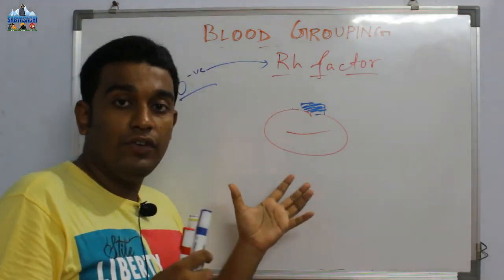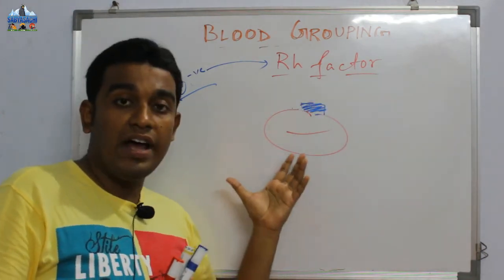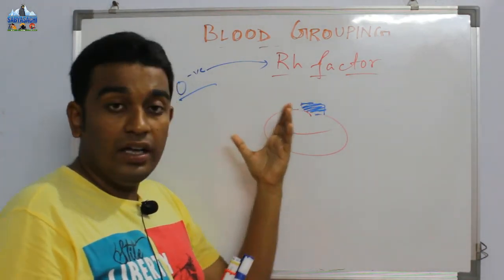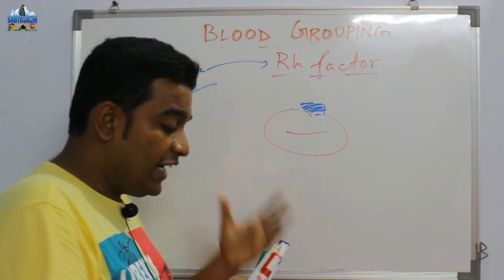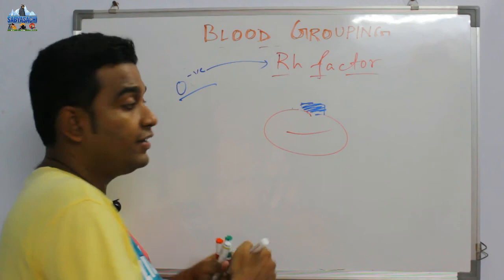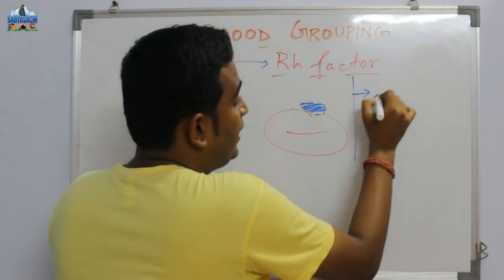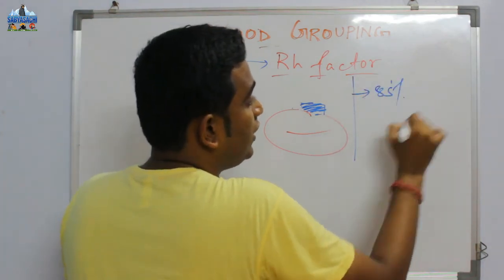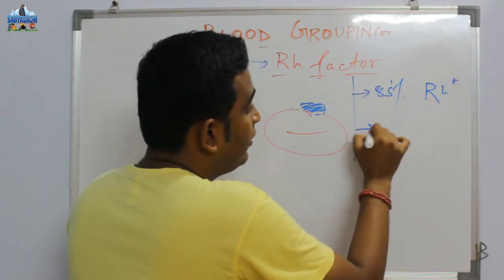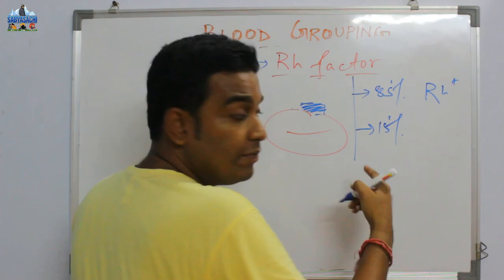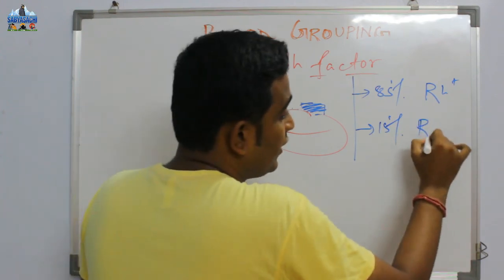Anyways, as of now, the picture about the Rh factor, the Rh system and the ABO system is clear to you. And let me tell you one more small fact: worldwide 85% of the population is Rh positive and the remaining 15% is Rh negative.